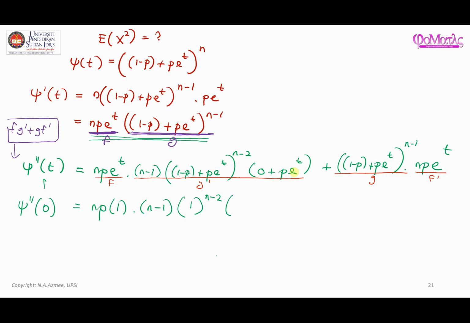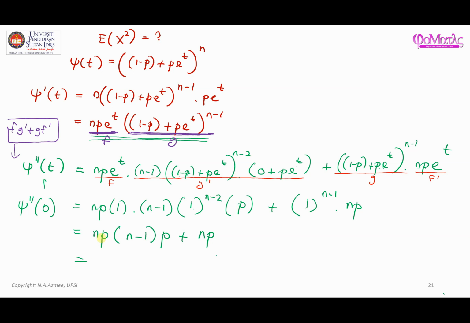And over here, p times e^0 is just p, plus (1 - p + p)^(n-1), which is 1, times pe^0, and e^0 is 1, so here we have np. So now we have np(n - 1) times p, plus np.